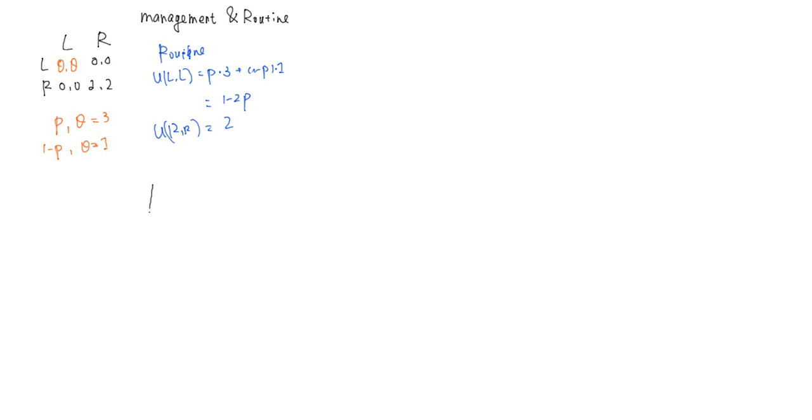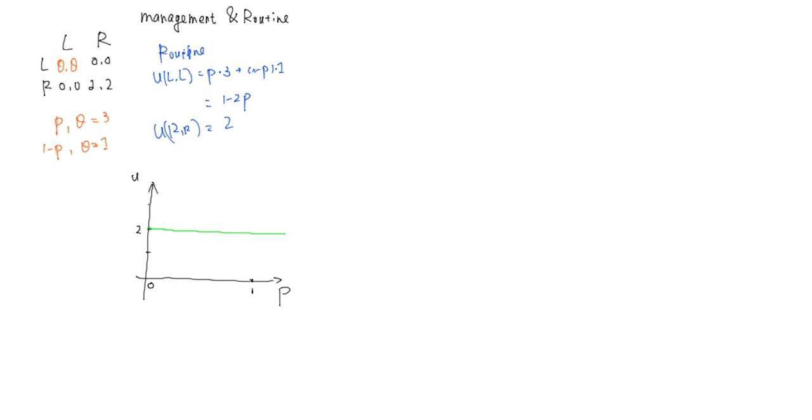Now let's graph it out. This is p, this is 0, this is 1, and this is the utility. The first option is you always choose R. It gives you 2 units of utility.